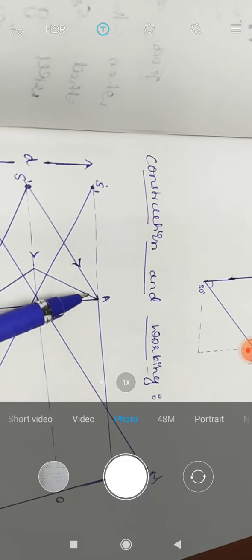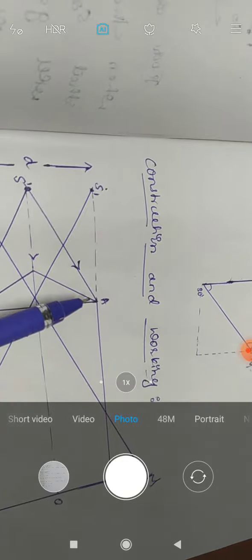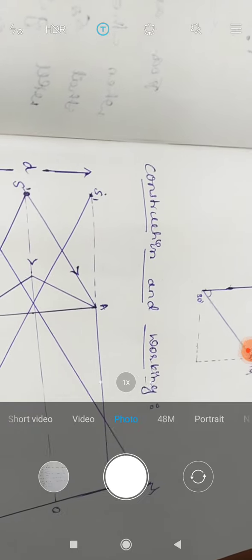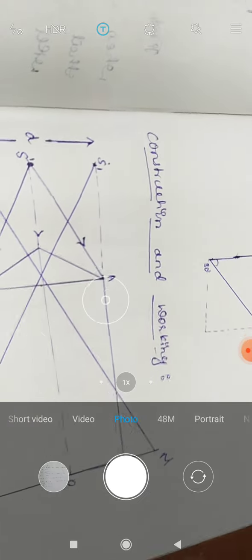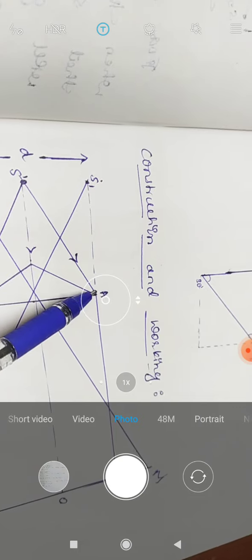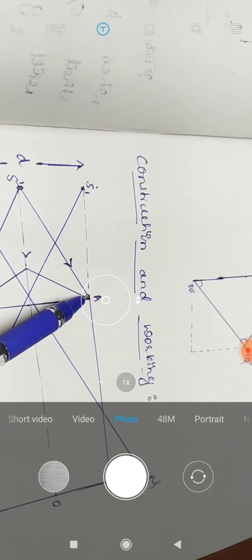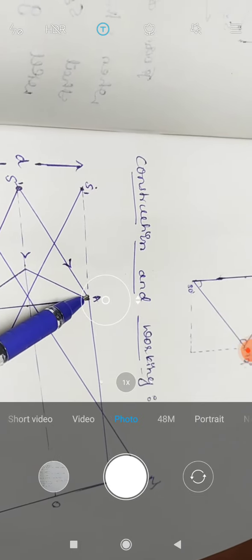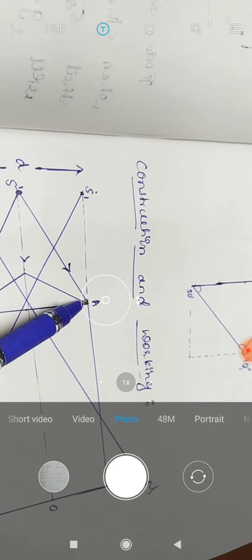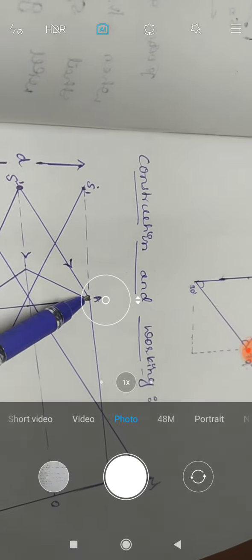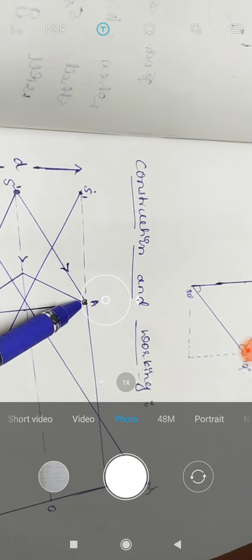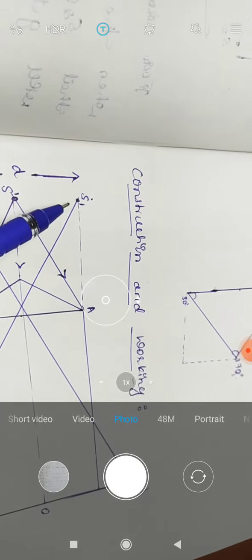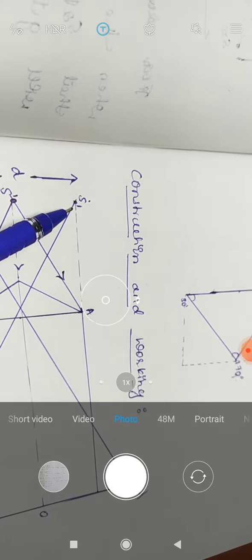One of these components is refracted from the upper portion of the prism and appears to come from S1.